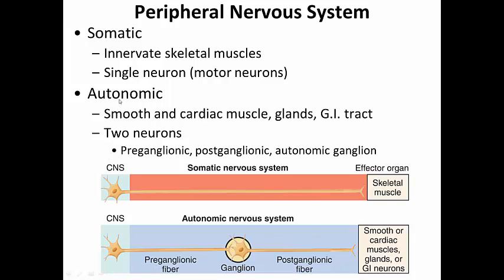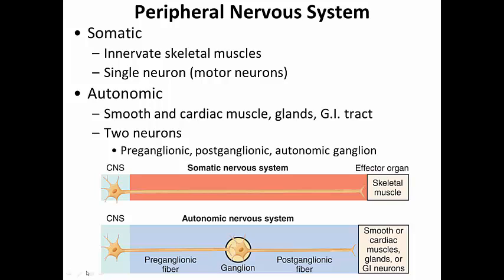Well, it's always skeletal muscle in the case of the somatic nervous system. And in contrast, in the autonomic nervous system, once again, we have one neuron that has its cell body located in the CNS, but that neuron leaves the CNS, and then we have a ganglion. A ganglion is a cluster of cell bodies that are found outside the central nervous system. If a cluster of cell bodies is found inside the central nervous system, it's referred to as a nucleus, nuclei plural.